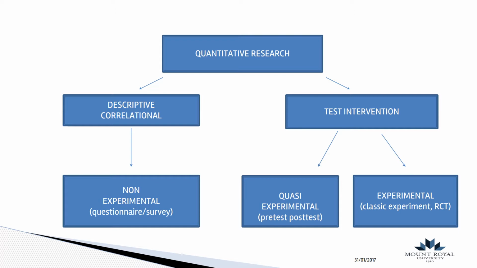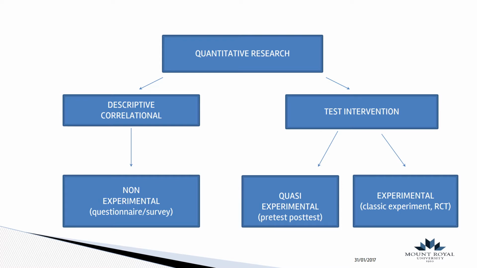But there also is a type of non-experimental research where they look for correlations between the independent variable and the dependent variable. So we're not manipulating the independent variable. We're just looking to see if there is a relationship. We just observe what's already happening in nature.